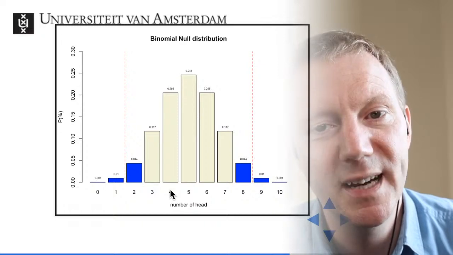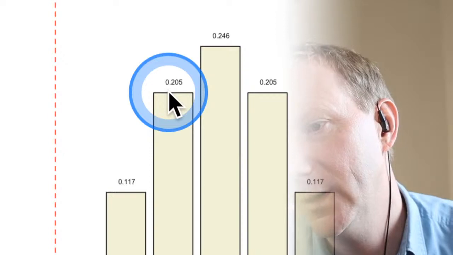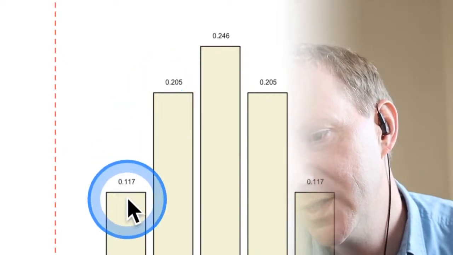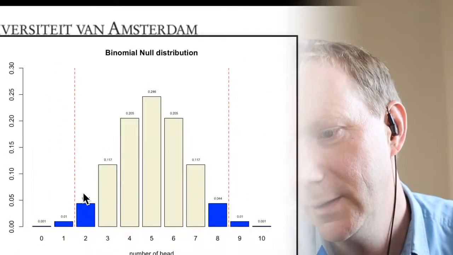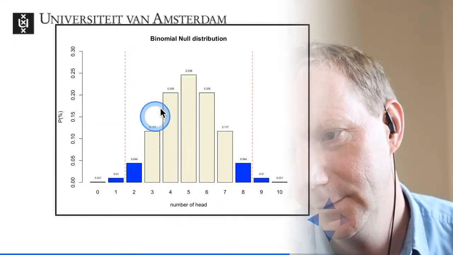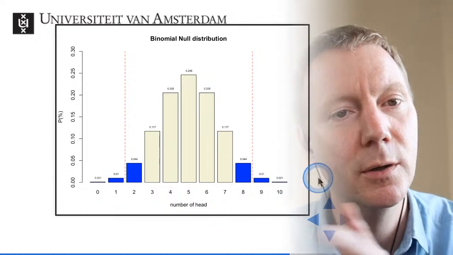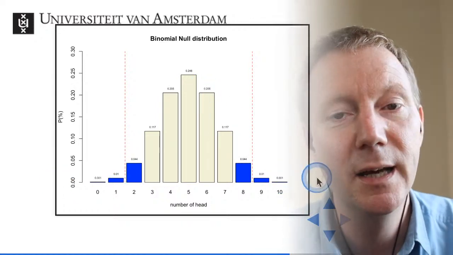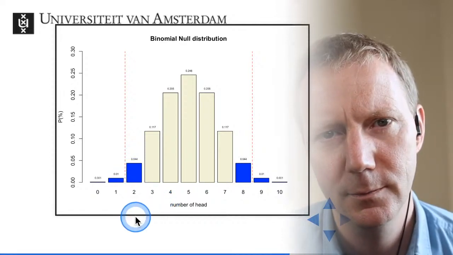And in terms of what the exact value is, you would have to look at the probability of this one, 4, plus this one plus the one below. More easily, 1 minus the probability of throwing 5. This one, this one, this one, this one, and on both sides, assuming that you're testing two-sided. If you test one-sided, you're only looking at one side of the distribution.